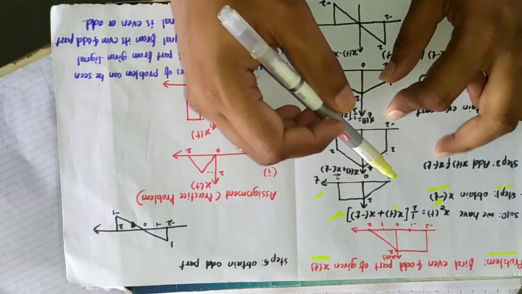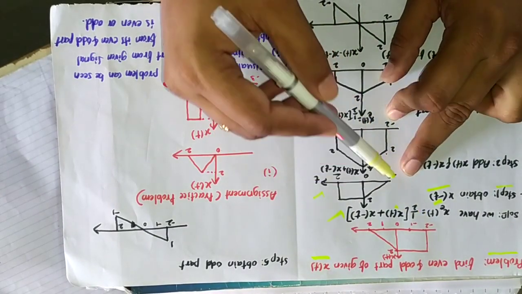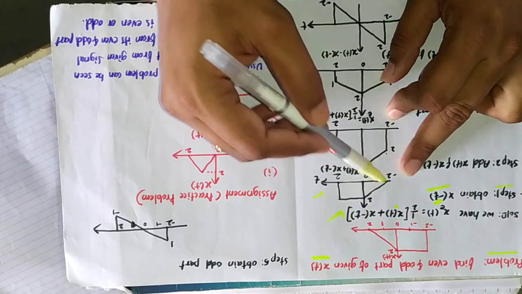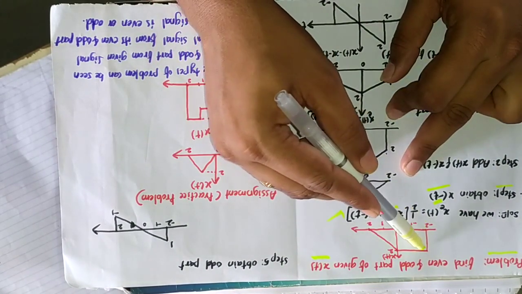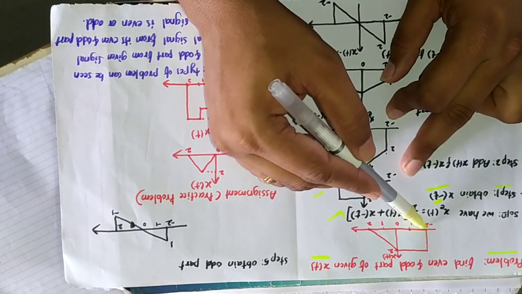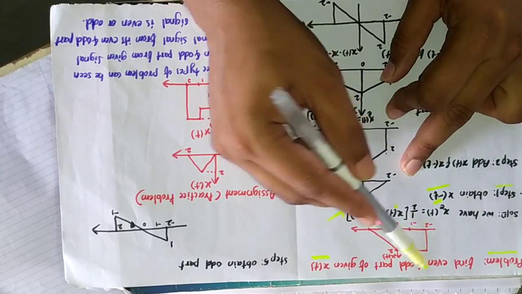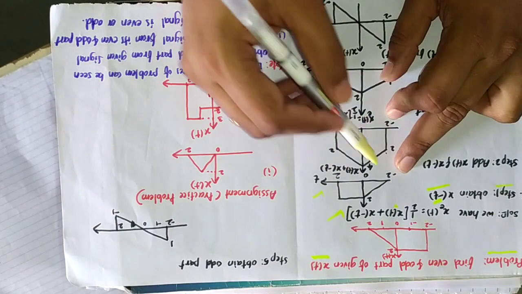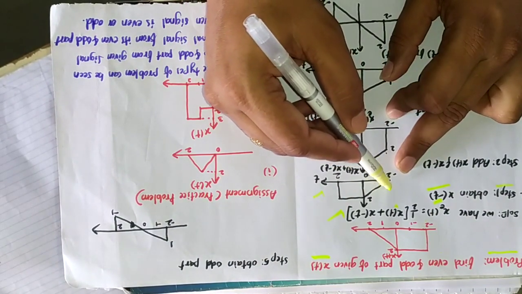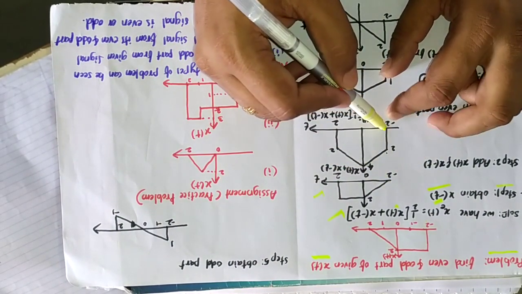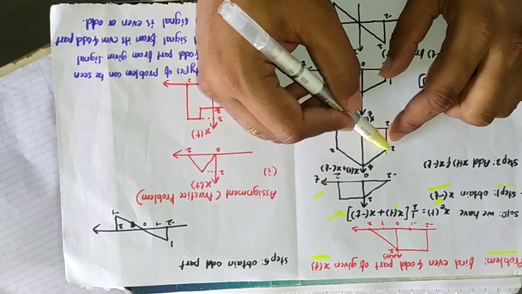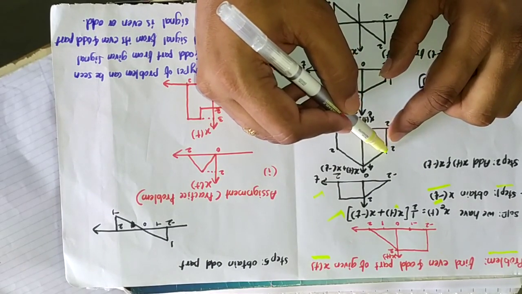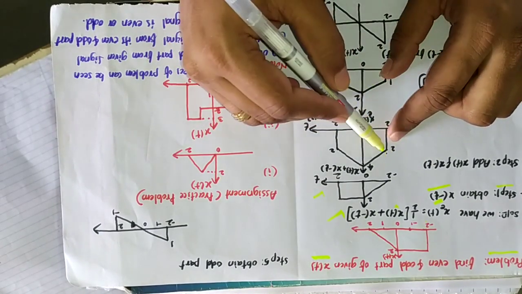Then at -2, what is the value of these signals? If we add the amplitudes, see here in x of t at -2 we have 2. Then what about x of minus t? That is nothing here, it's 0. So at -2 we will have 2. That's an amplitude.